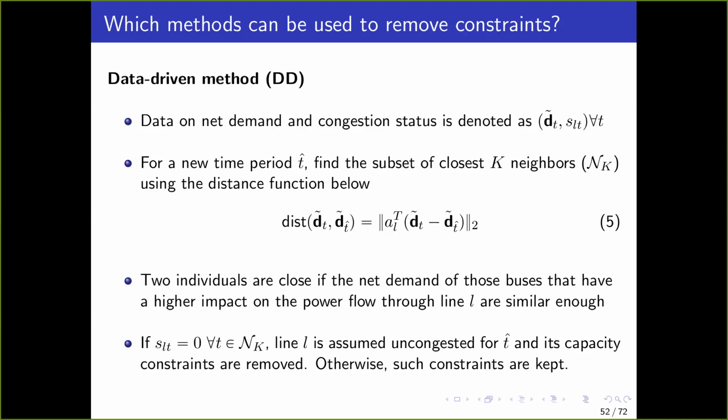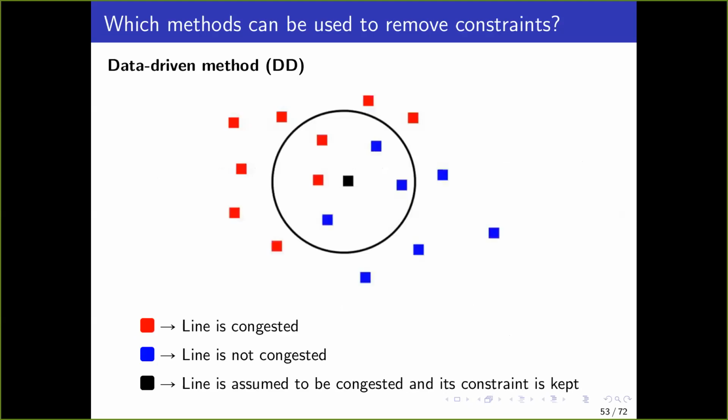Otherwise, we keep it. Maybe this figure helps you to understand the intuition behind the method. You can see a lot of operating hours. The red squares mean that the line is congested, and the blue ones are not congested. Then a new time period arrives. That's the black square. Then we take the 5 closest neighbors.